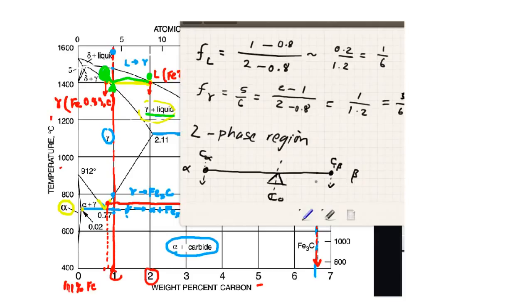Now let's say you have alpha on this side and beta on this side, so this endpoint tells you the composition of beta, and this endpoint tells you the composition of alpha. The lever rule allows us to use these composition values to compute the fraction of each of the single-phase components that you have in the system.